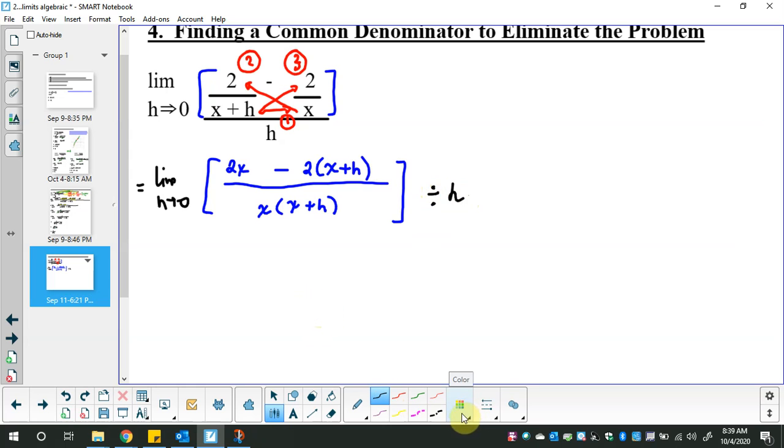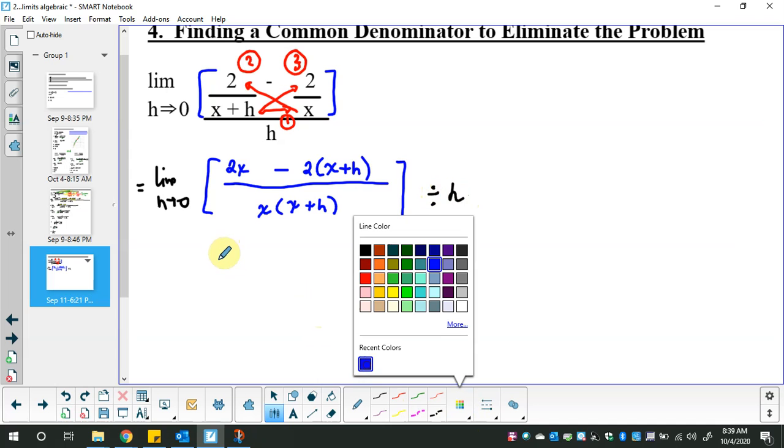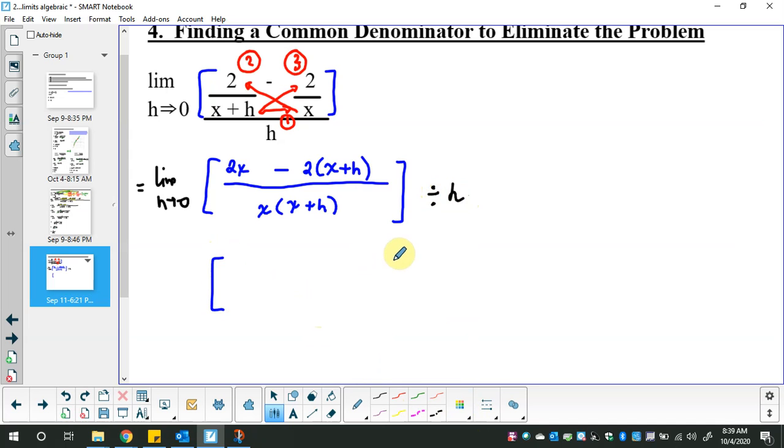Don't lose this. And I don't like 3-level fractions, so I'm going to put it there with old school division. So I'm still going to focus your attention on the blue bracket. If I take this blue bracket and multiply out the numerator, I get 2x minus 2h. That is a mistake that happens quite frequently, is you don't carry the subtraction through when it's subtraction. So you don't have to worry about it when it's addition.